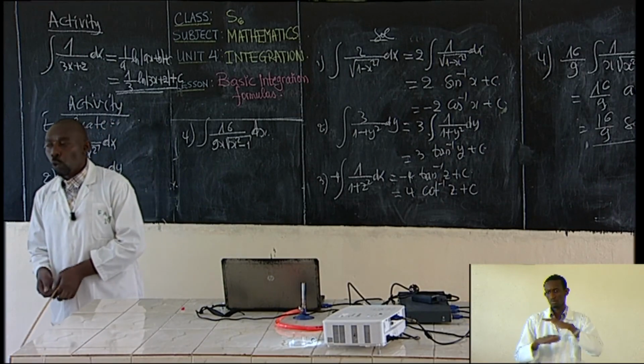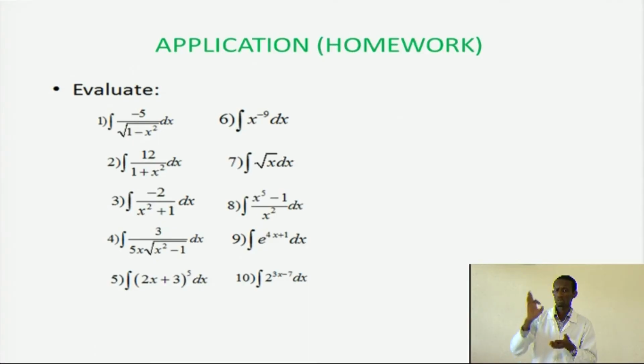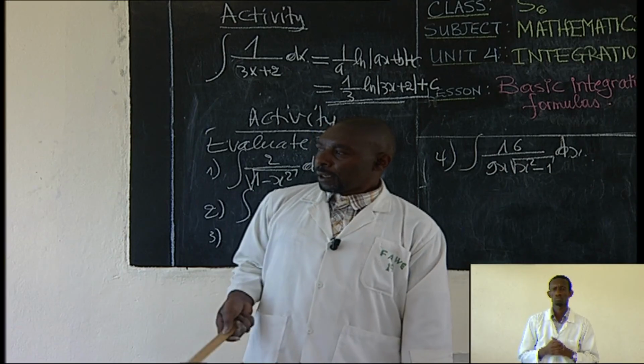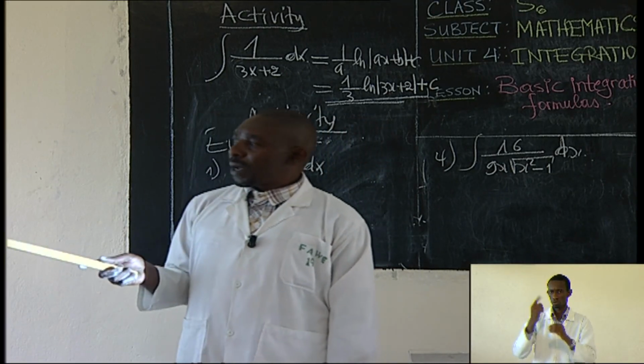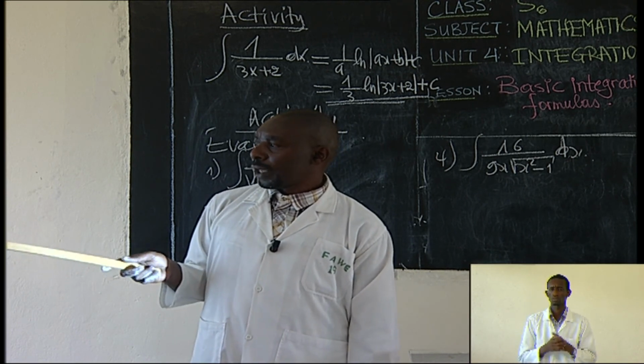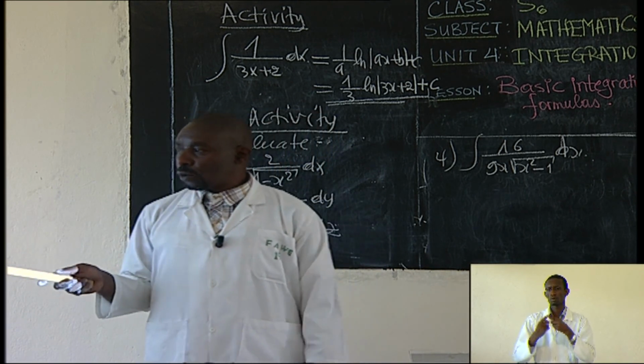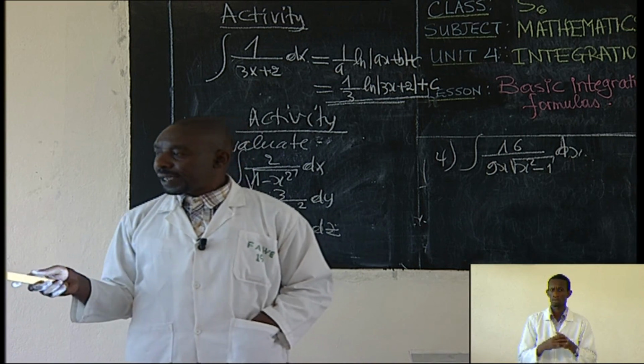Please try to use those formulas to evaluate all these integrals. Number 1, the integral of minus 5 divided by square root of 1 minus x squared dx. Number 2, integral of 12 over 1 plus x squared dx. Number 3, integral of minus 2 divided by x squared plus 1 dx.